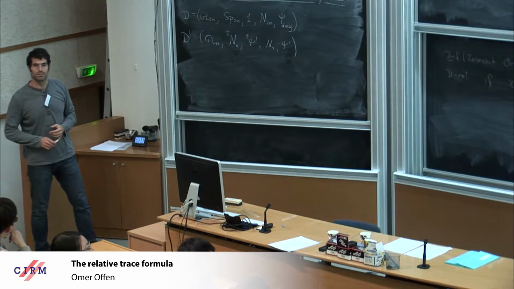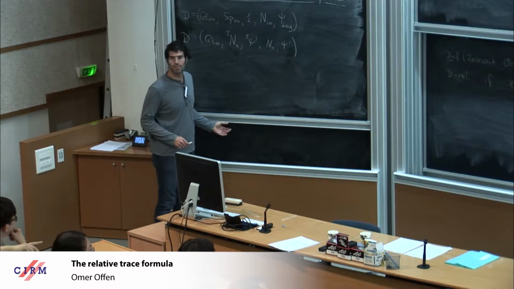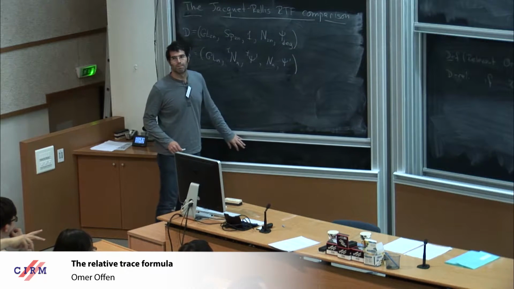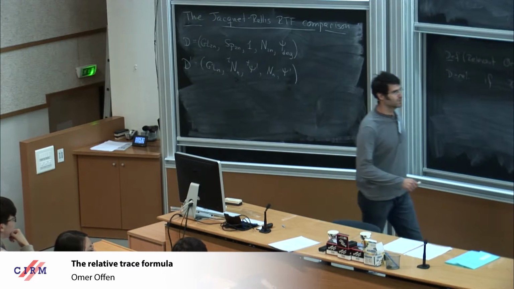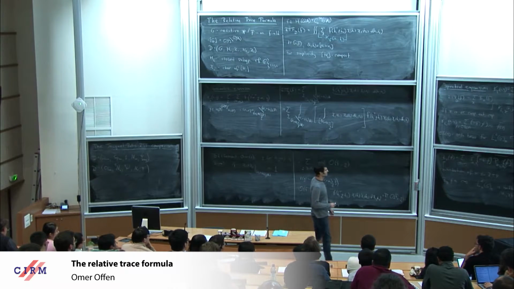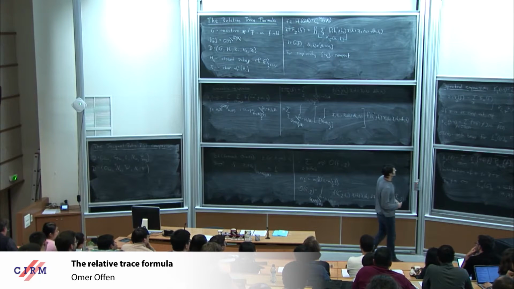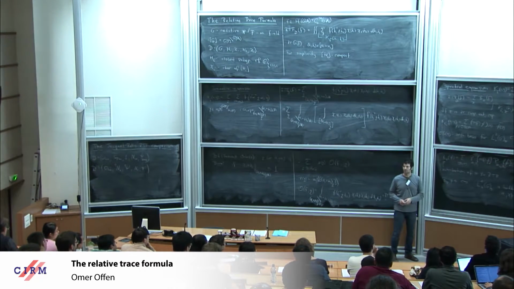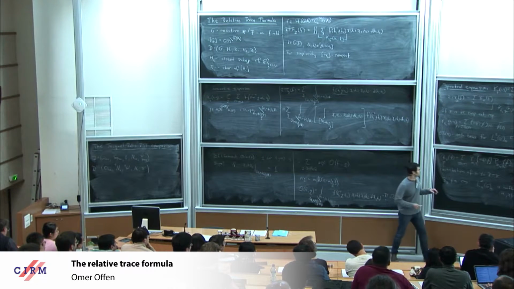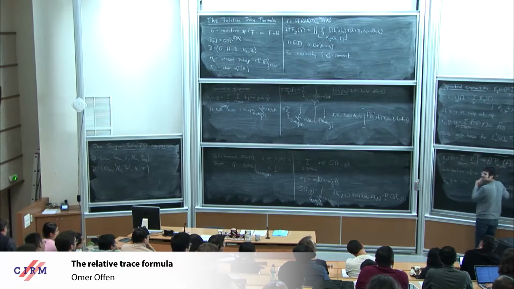Yes? This sum of the two periods is not very known. So as Fiona explained, these spherical distributions are really generalizations of matrix coefficients. So these are matrix coefficients with respect to these two linear forms.